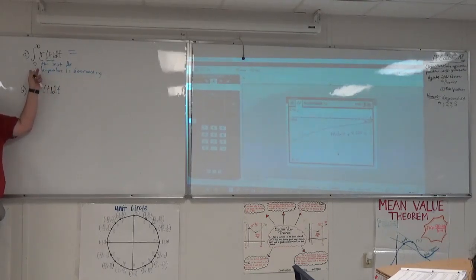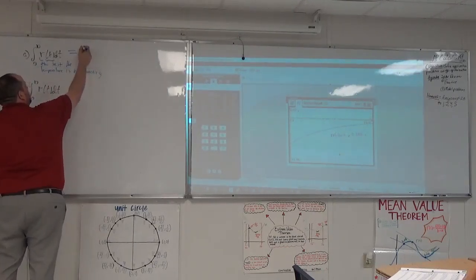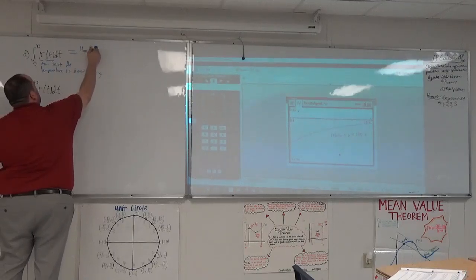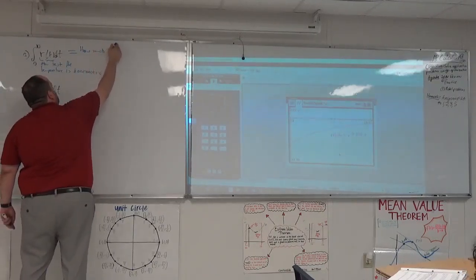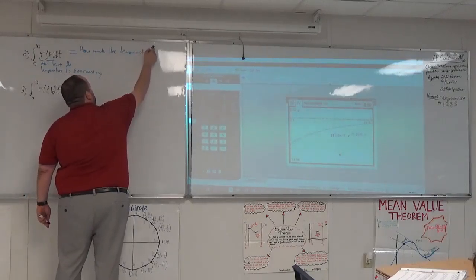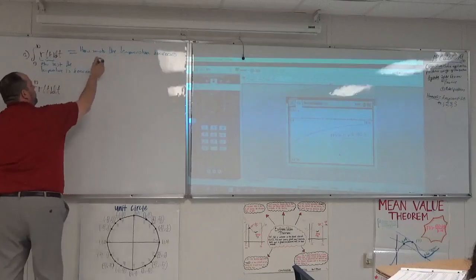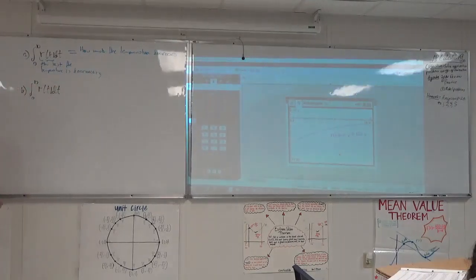The integral is, just switch how fast to how much. So what does this integral mean? How much the temperature decreases. Be specific. During 10 minutes. You're over an interval.